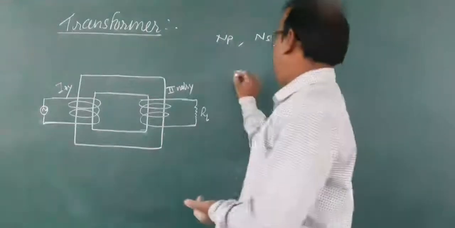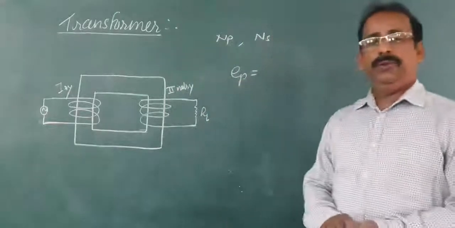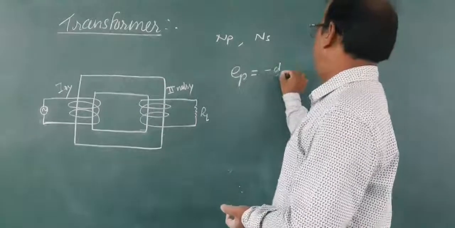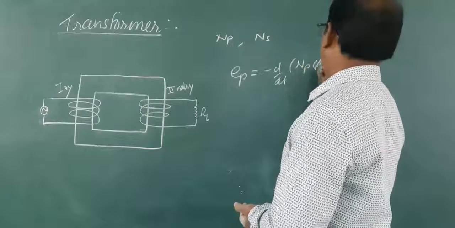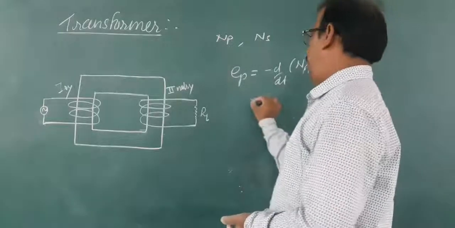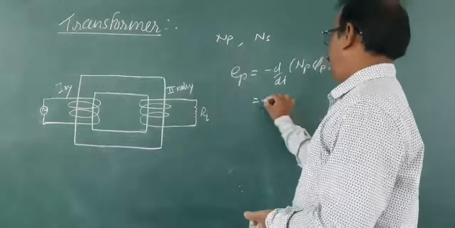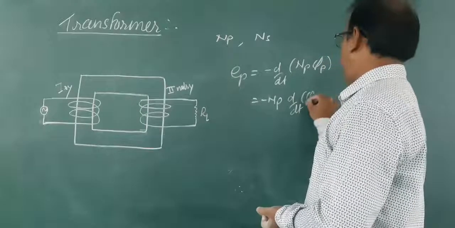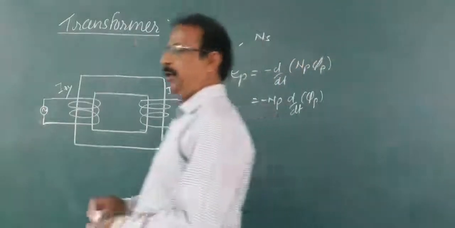I am writing the EMF induced in the primary coil. EMF induced in the primary coil is minus d/dt of Np times phi p. Take minus Np out of the derivative, you get minus Np times d phi p by dt.